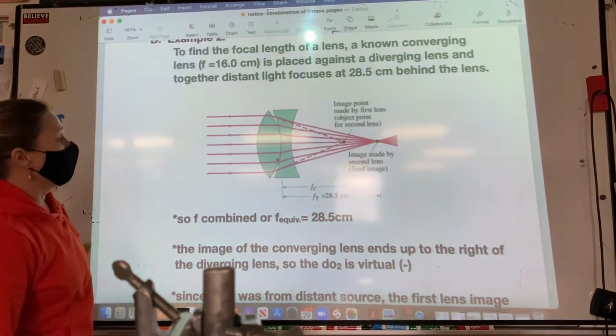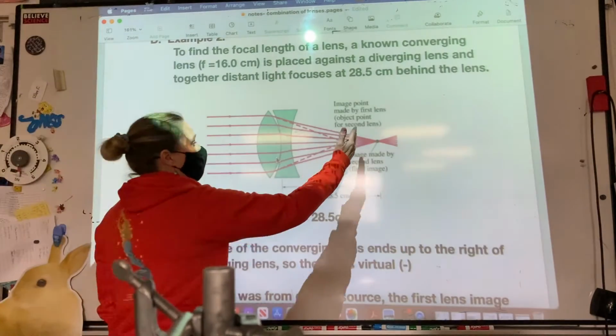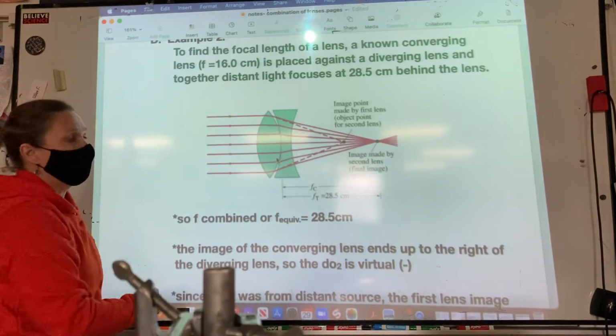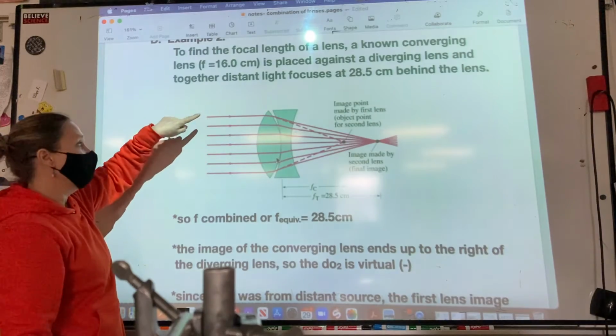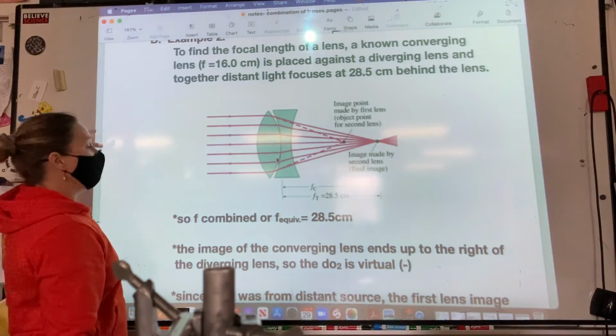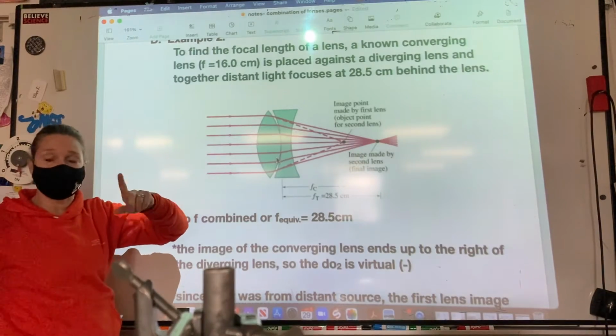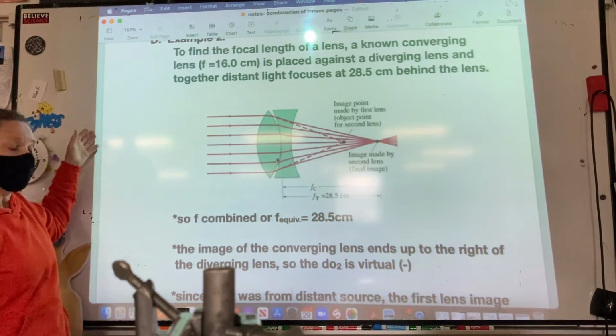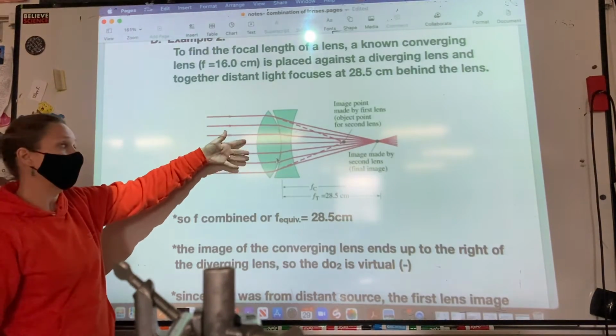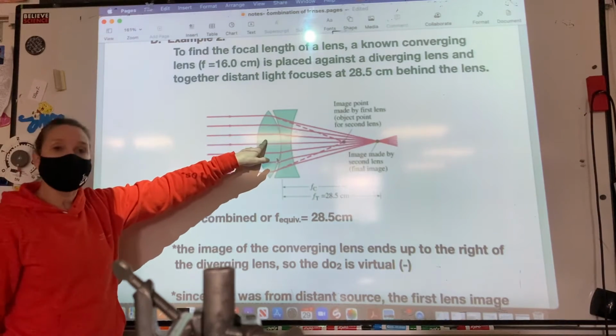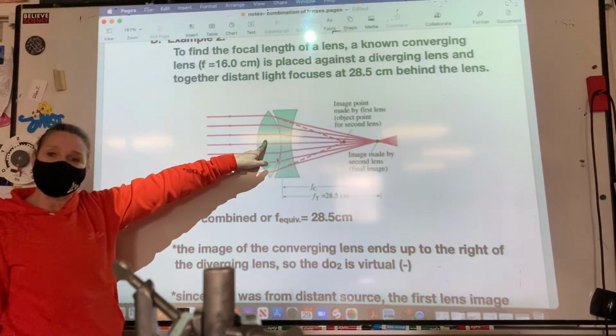So we can get where an image is seen, and what we have to do it with is distant light. If we have parallel light, this is what makes the math easier. If you use far away or parallel light coming into the lens, we automatically know the answer for the first one and don't have to do any math.